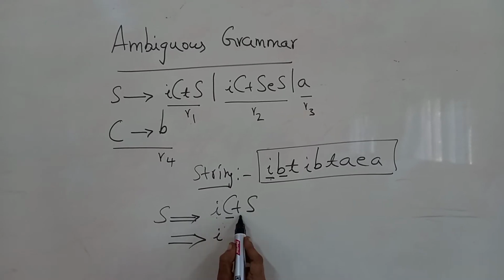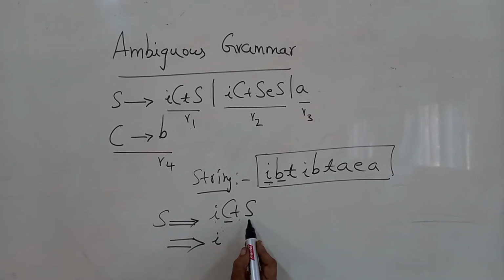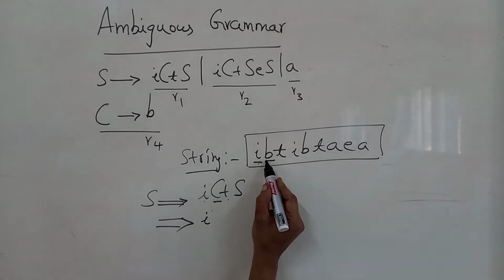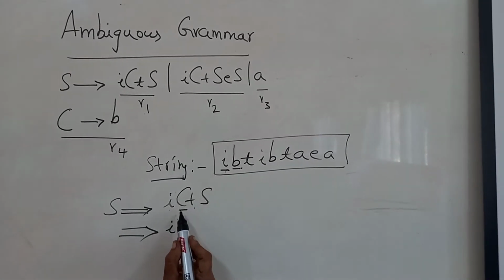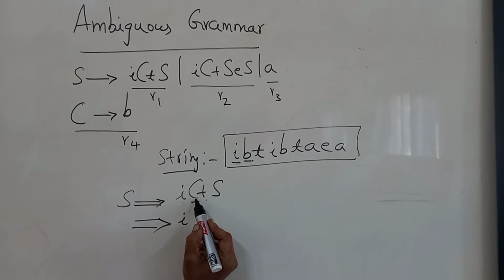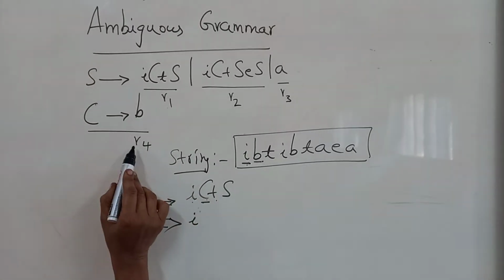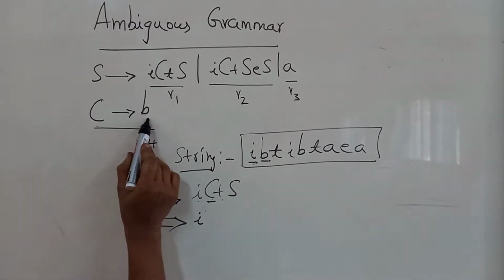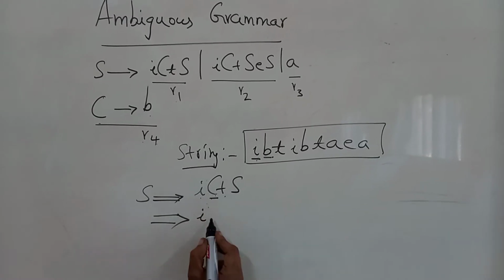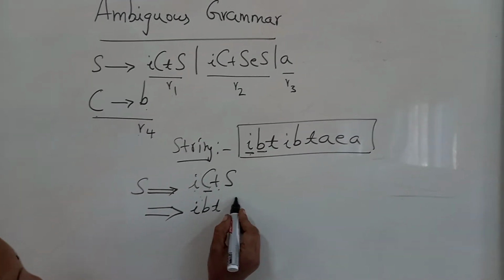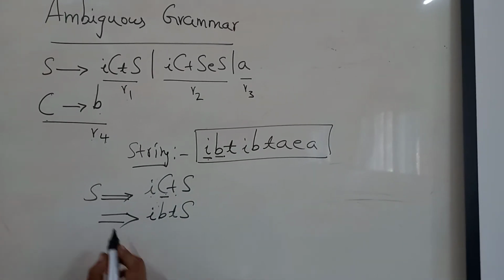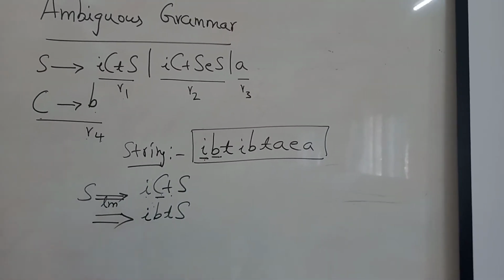You know that i and t are terminals and C and S are non-terminals. To get the terminal b, I can substitute C using rule 4, where C is b. So I replace this C with b and retain tS as it is, performing the leftmost derivation.